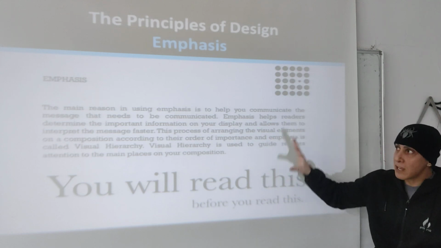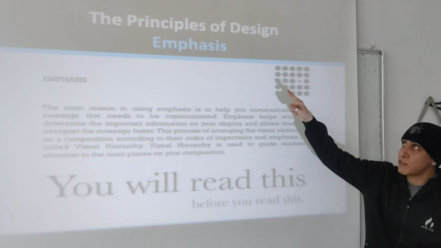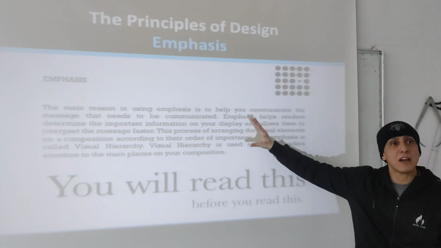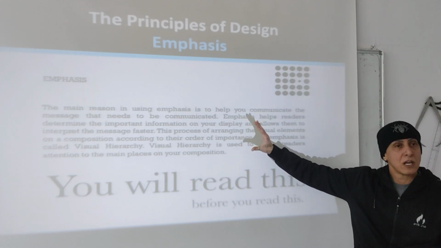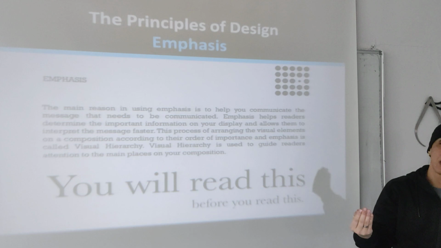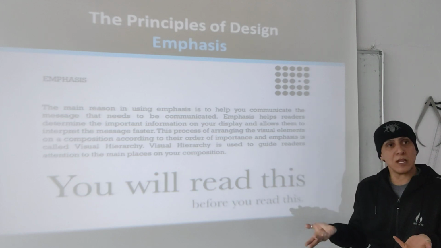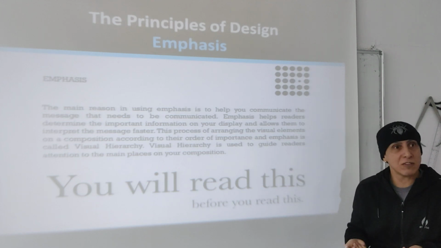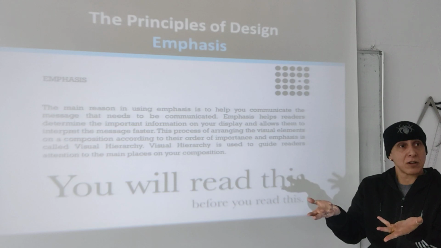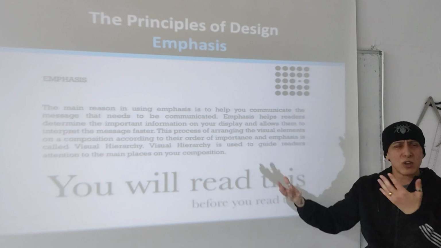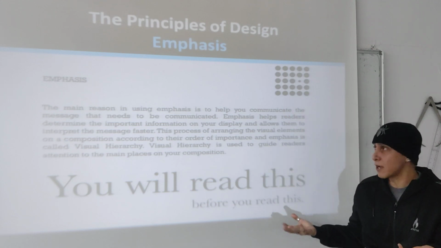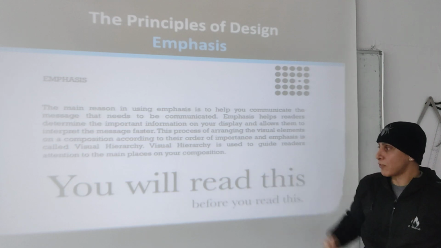So when you have text, emphasis becomes very important for the clarity of the information. So that when you read the information, it is clear, easy and comfortable to read, and you understand better. If everything is chaos, you will not understand. Okay? So with text, it is very important.